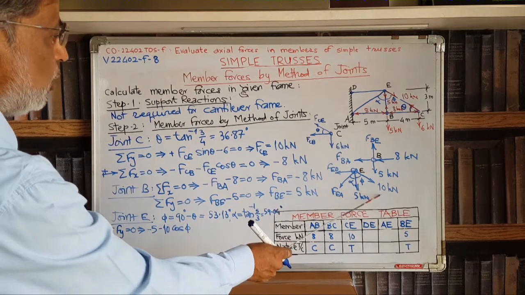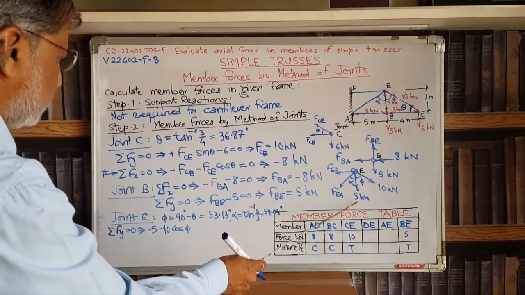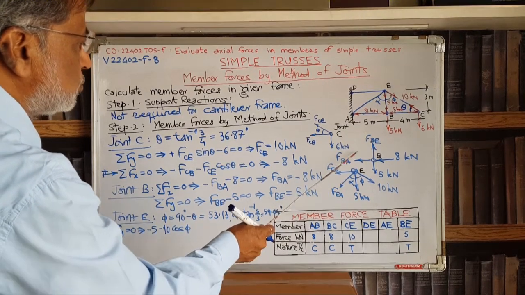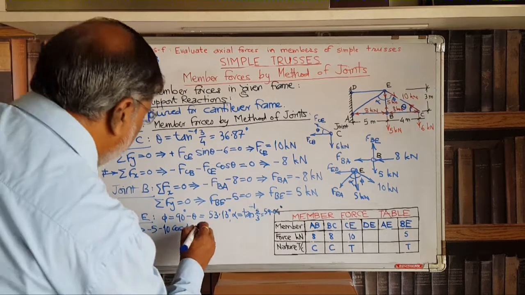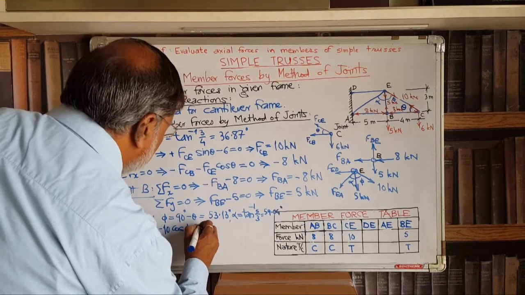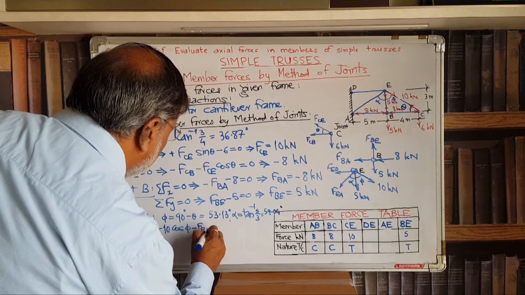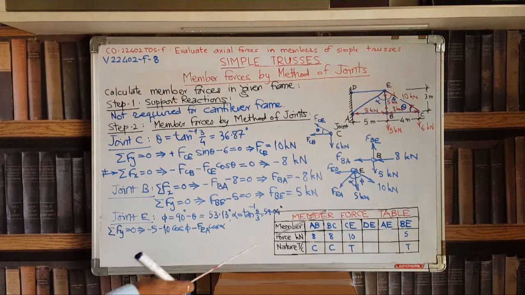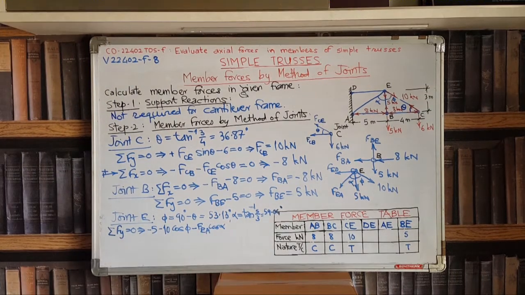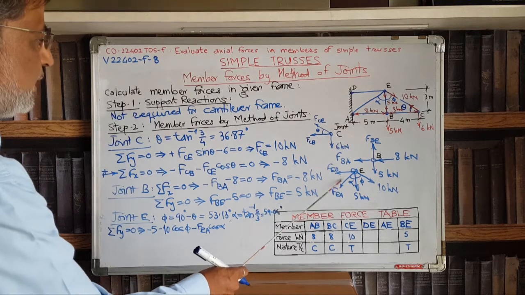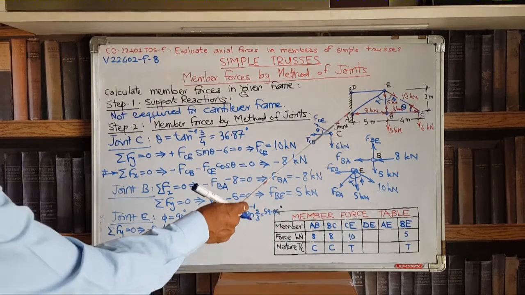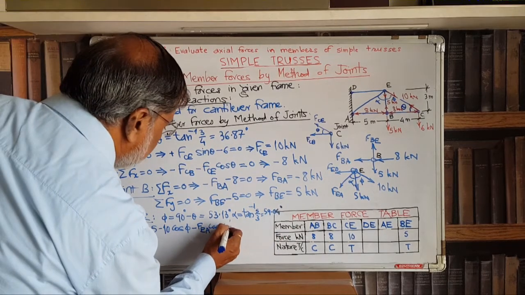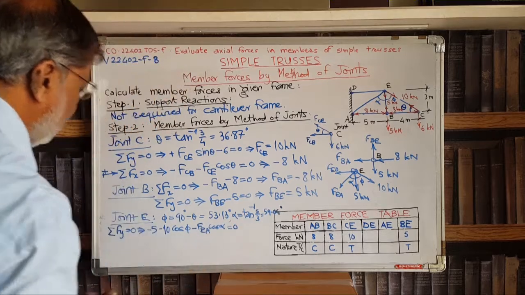Cos component of 10 kilonewton in vertically downward direction, so it will be minus. Now this FEA will also have a y component, and it will also be downward again, so it is minus FEA cos alpha. Don't confuse between alpha and phi, they are different angles. Now about force FED, this is in x direction, so it will not have y component. So three forces are having y components. So this equation will be equated to 0.